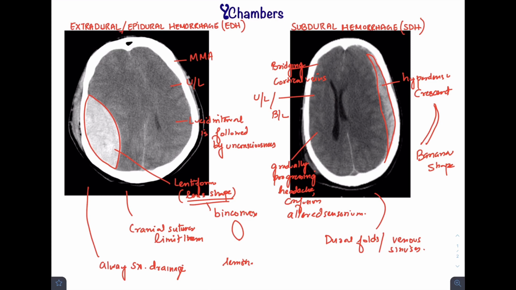The shape in extradural hemorrhage is lentiform, lens shaped, biconvex or lemon shaped. In subdural hemorrhage, the shape is banana or crescent shaped. The cranial sutures will limit the extradural hemorrhage, but subdural hemorrhages will be limited by dural venous sinuses or dural folds.